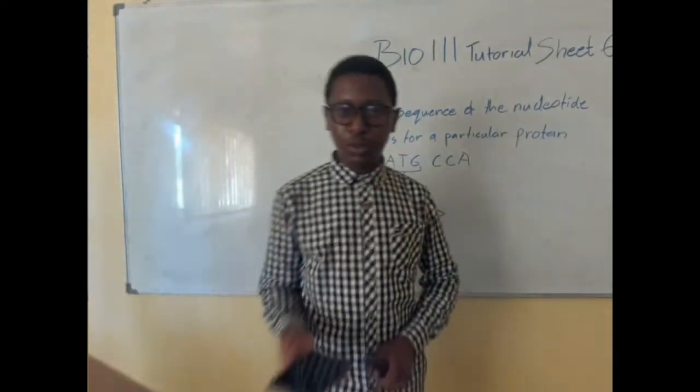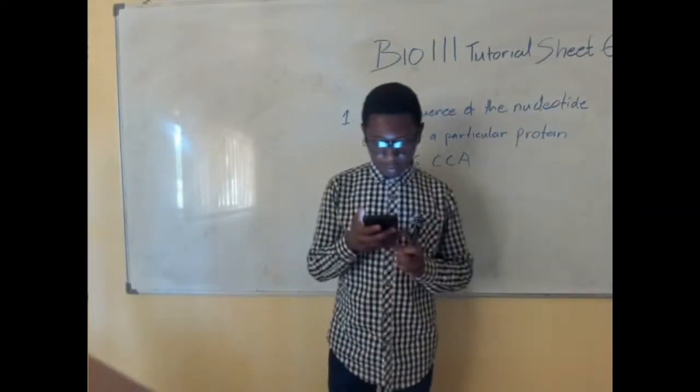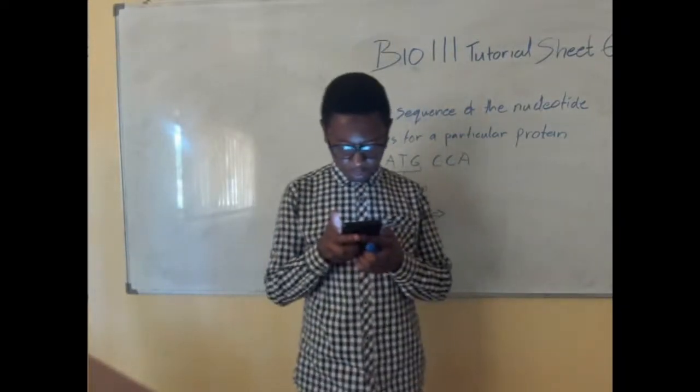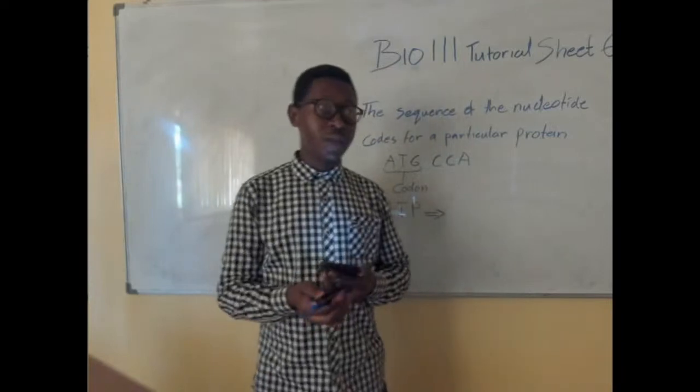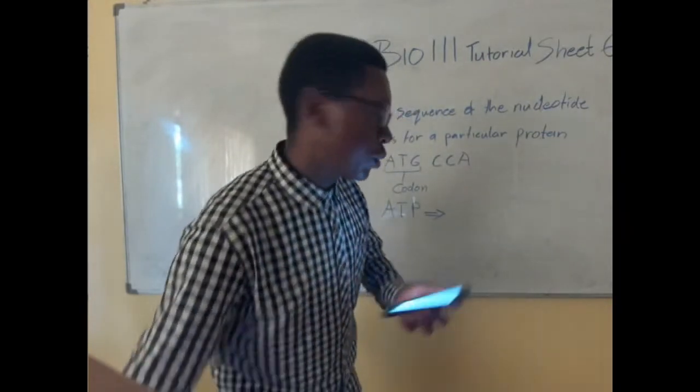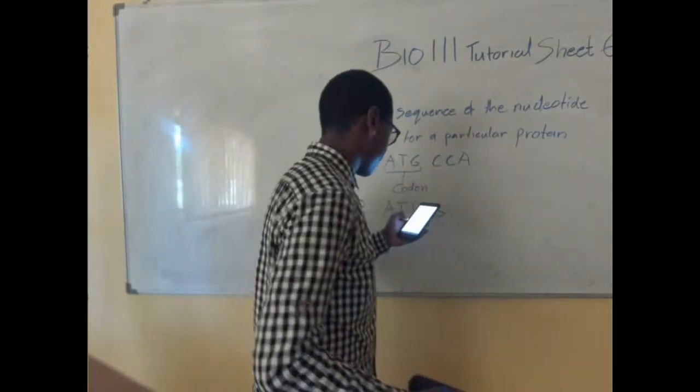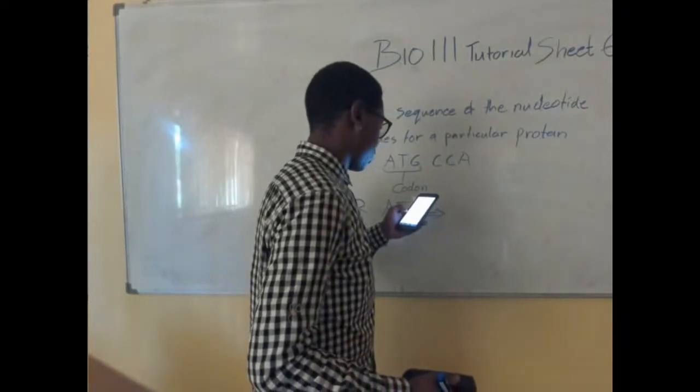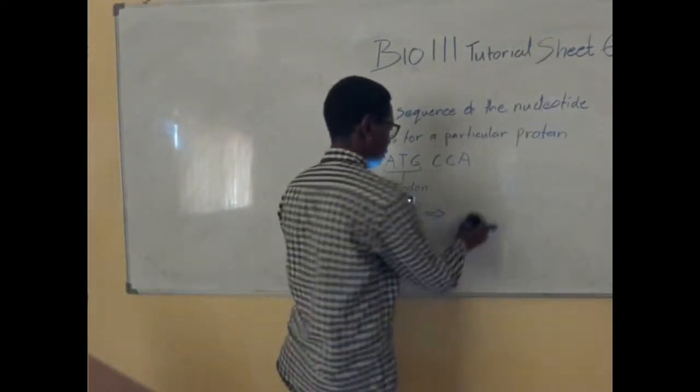Now we can move on to the next question. If you look at the tutorial sheet, unfortunately there was no question 7. Question 7 was skipped, so we'll go to question 8.